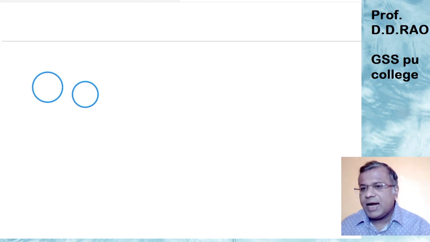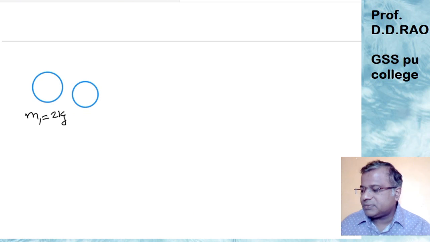One sphere has a mass of 2 kg and it was moving with an initial velocity of 25 meters per second.